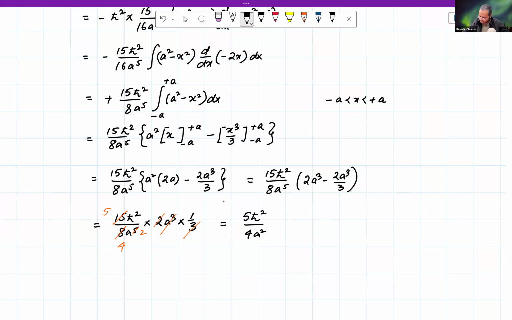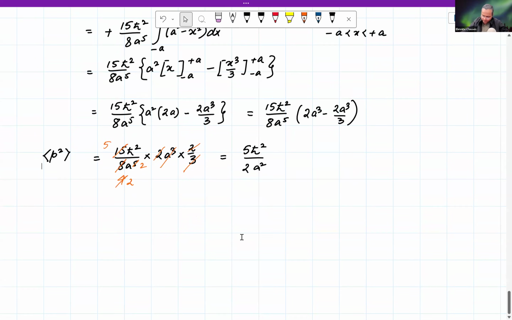2 is common, so 3 minus 1 becomes 2 here, sorry, 2. So this is going to become 2, and this is the expectation value of p square.